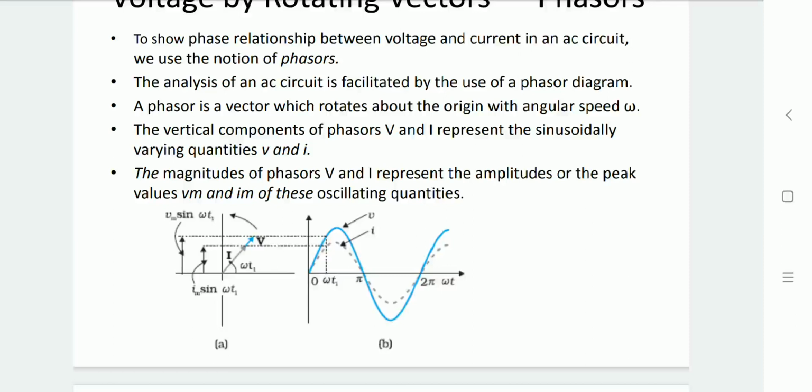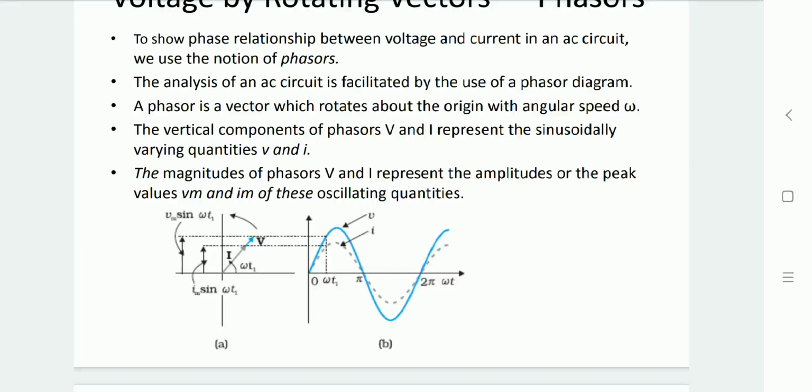Now take any instantaneous time on the x-axis, that is omega t1, and take the points from the graph for I and V and extend them towards the phasor diagram A. That extended value represents the amplitude of the wave, which is represented as capital V for the voltage amplitude and capital I for the current amplitude.